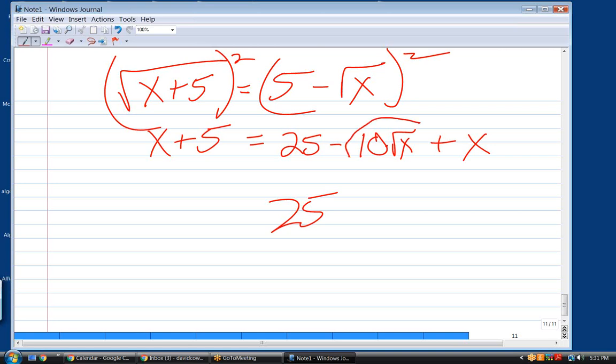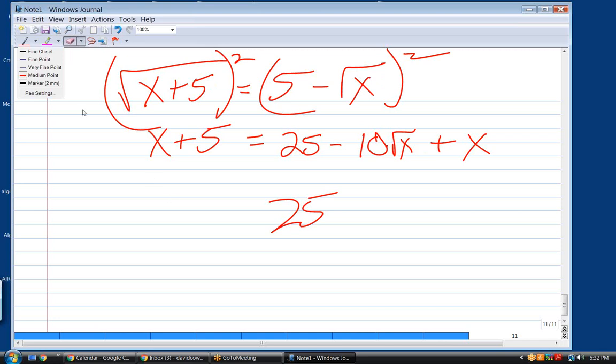That's how I get that. 2 times 5 is 10, times root x is 10 root x. And finally, the last term is always a plus whatever this thing is squared. Well, if I square the square root of x, I get x. Okay?